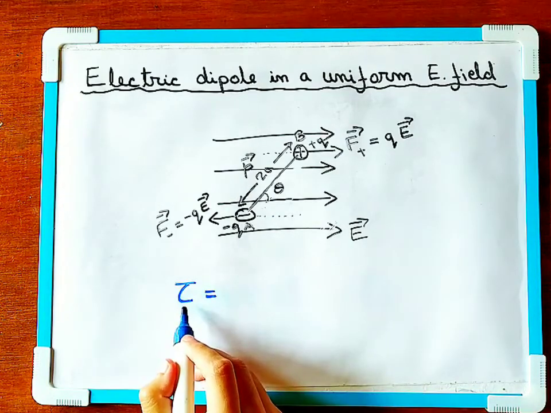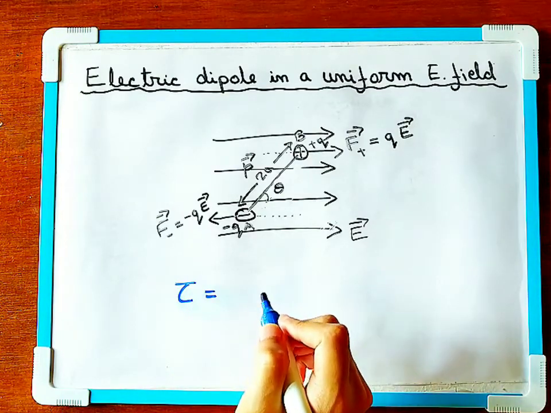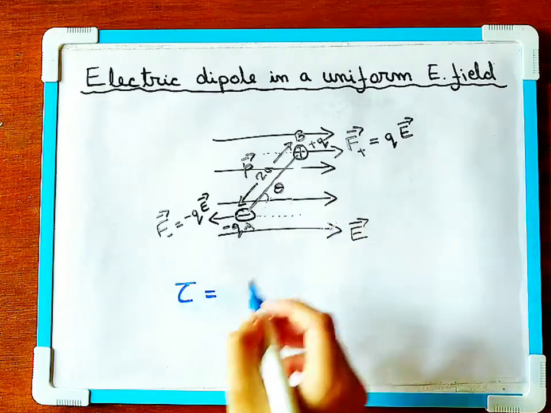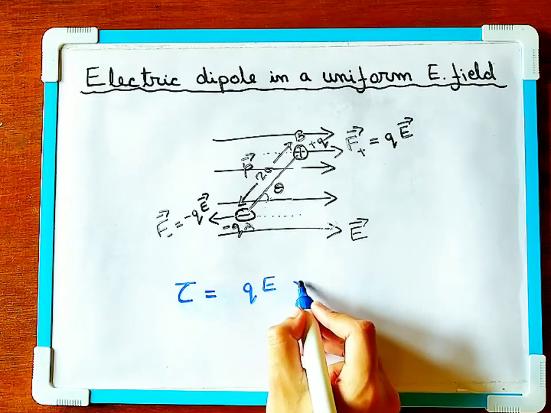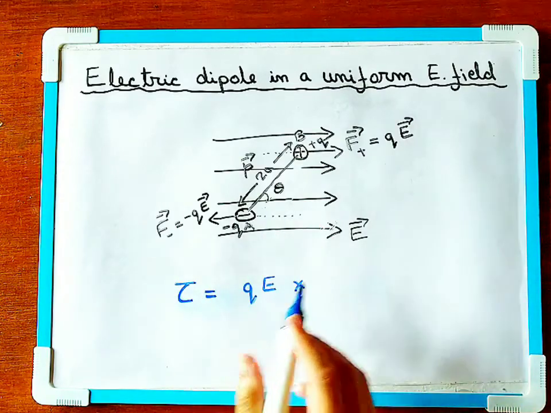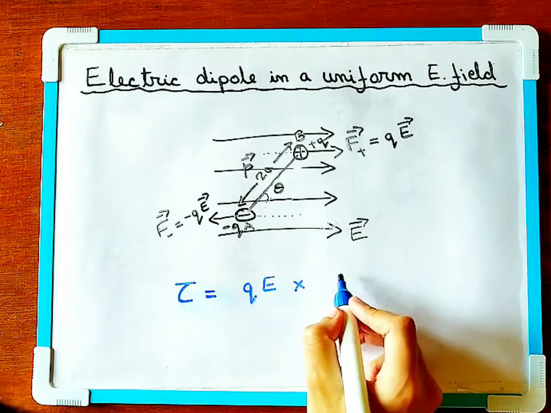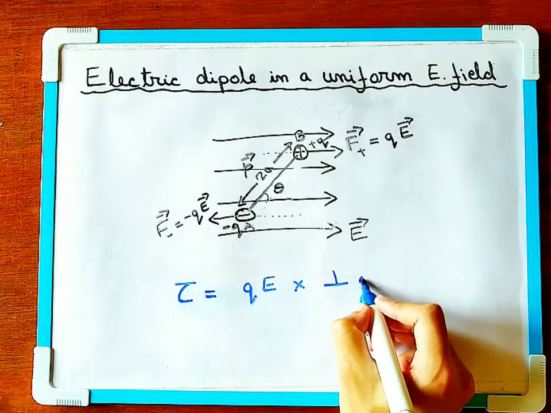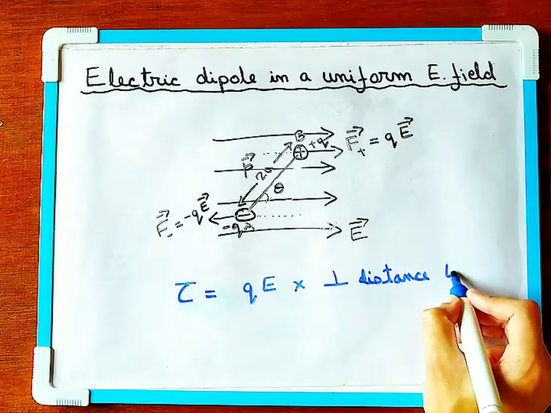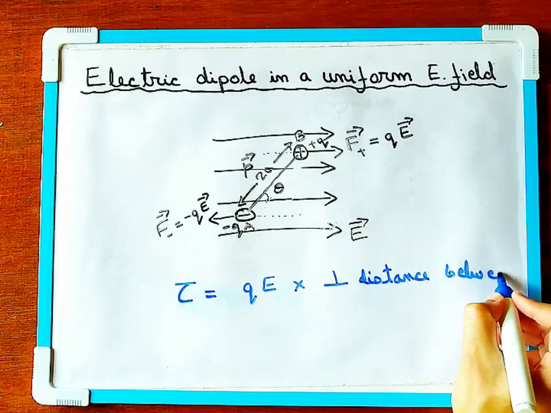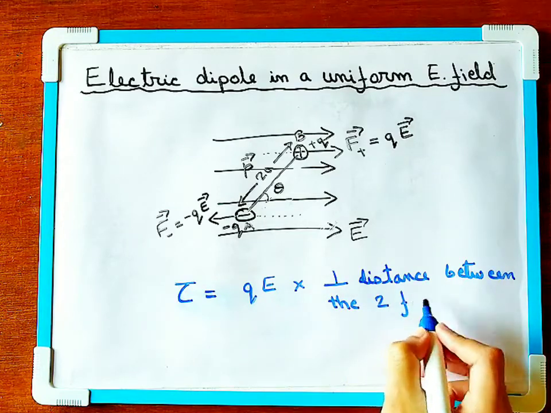So this is the torque experienced by the dipole, and this is equal to the magnitude of either force, which is QE, into the arm of the couple, or the perpendicular distance between the two forces.